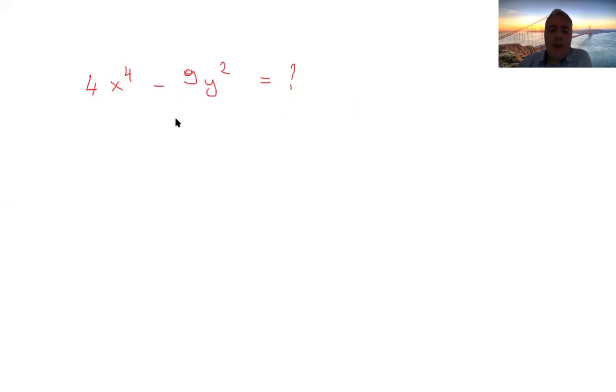Now, when you look at the question, is it clear for all of you that here 4 means 2 to the power of 2, and x to the 4 means x squared to the power of 2, 9 means 3 to the power of 2, and y squared means y to the power of 2. And then remember the rule, if we have a to n times b to n, this is equal to ab to the n.